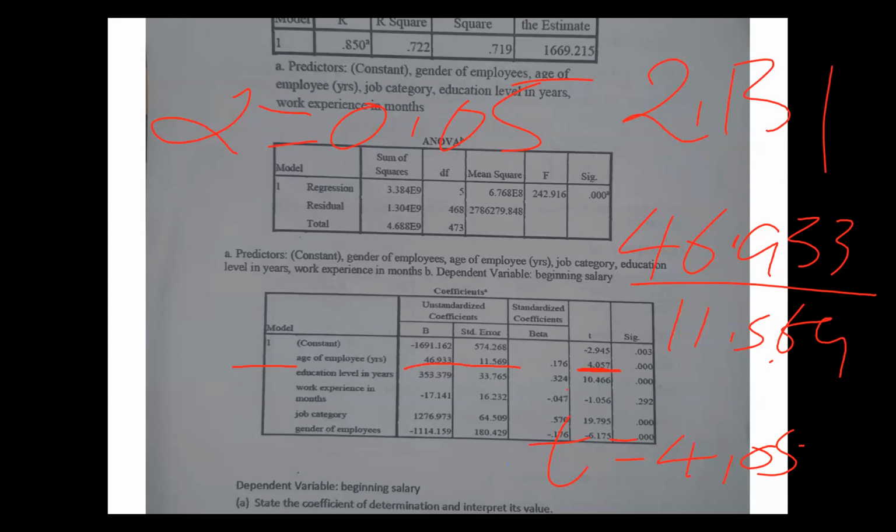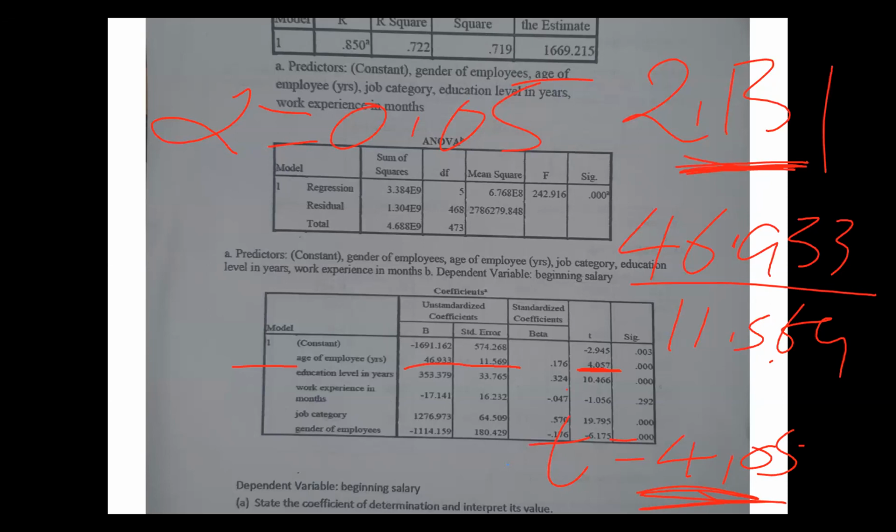If this critical value is less than the one you have calculated, the 4.05, you reject the null hypothesis.